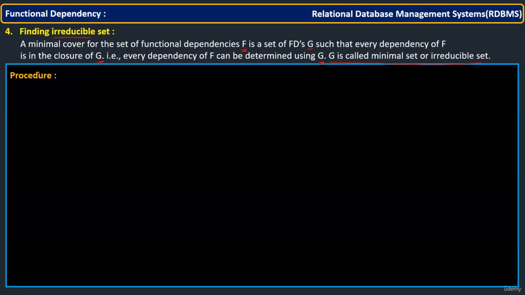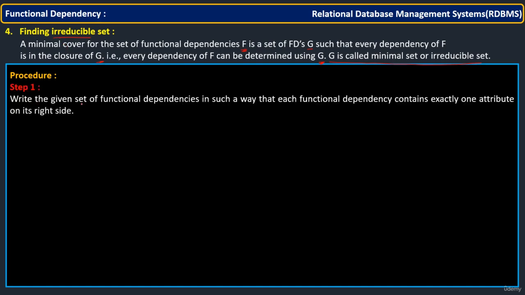So here, if you see the procedure for how to find the irreducible set, step one is to write the given set of functional dependencies in such a way that each functional dependency contains exactly one attribute on its right hand side. For example, just for understanding's sake, if you have X derives AB, then we write X derives A and X derives B, by using the decomposition rule.